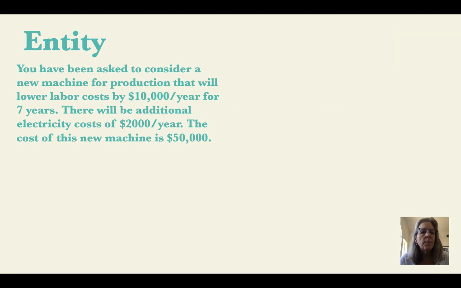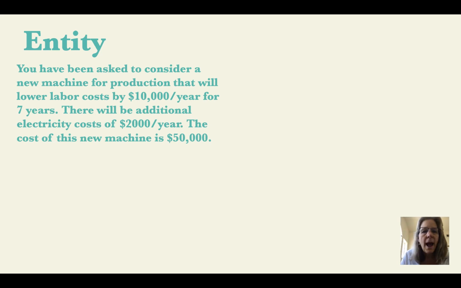If I was going to change something, how would the cash flow change? Let's look at a couple of examples. For an entity, what would happen to cash flow if you have been asked to consider the purchase of a new machine for production that will lower labor costs by $10,000 per year for 7 years? There will be an additional electricity cost of $2,000 a year, and the cost of the new machine is $50,000.